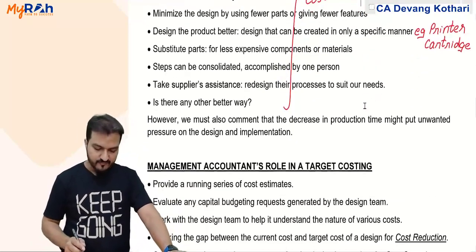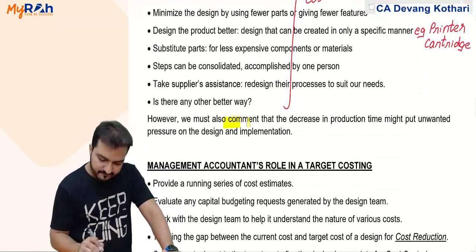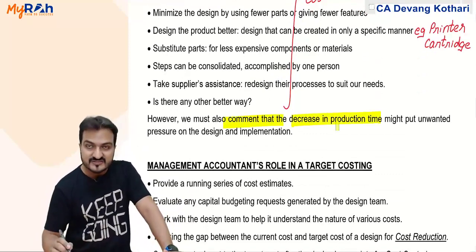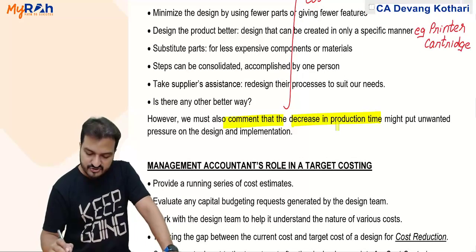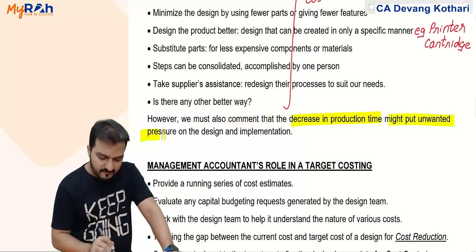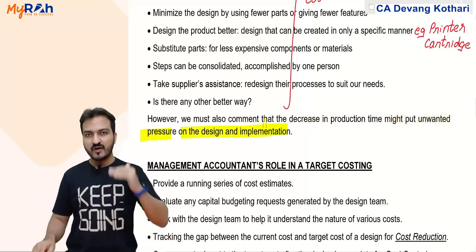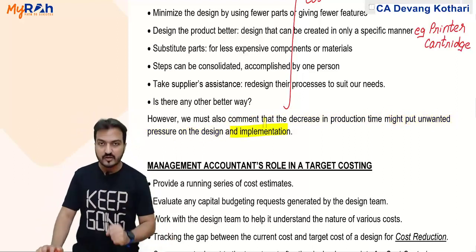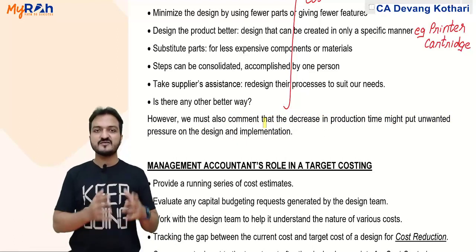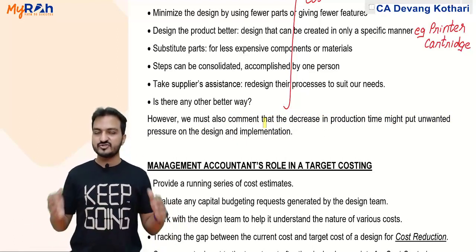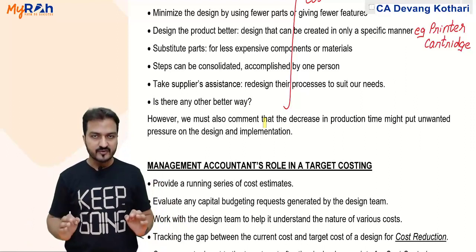Okay, however, you must also comment that decrease in production time, by decreasing the production time, it might put unwanted pressure on the design and implementation team. If I'm forcing my employees to decrease the production time, it might be unnecessary pressure on the employees, due to which quality might deteriorate.